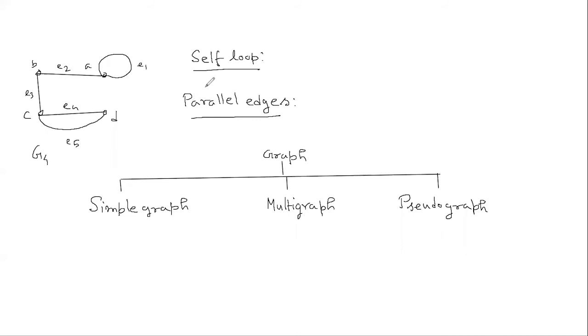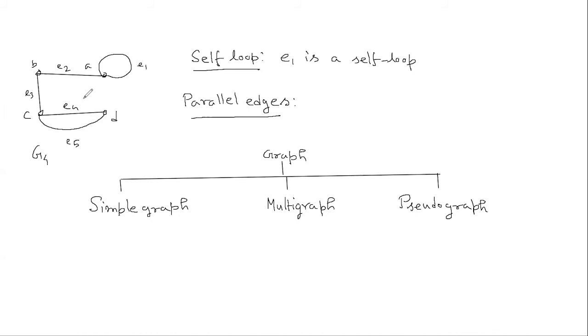Next, what is called a self loop in a graph? If an edge connects a vertex to itself, then it is called a self loop. For example, in the graph G4, we have E1 as a self loop, since E1 connects the vertex A to itself. Next, parallel edges.